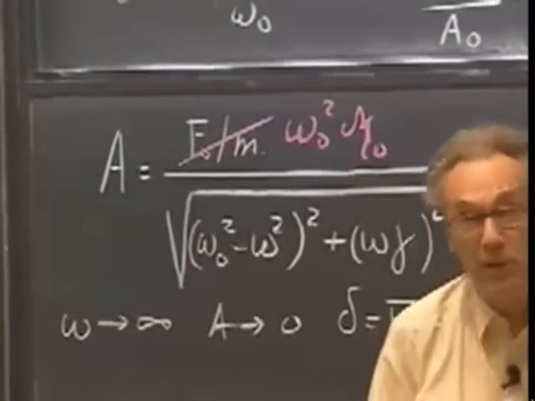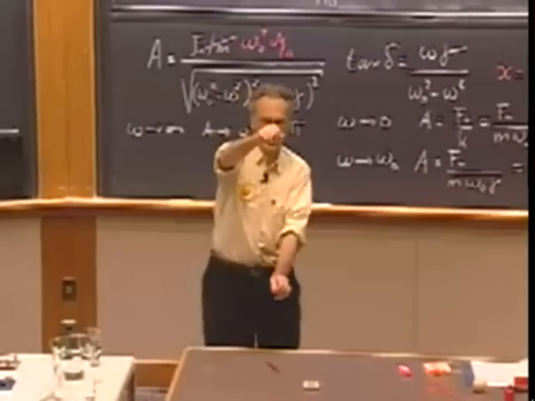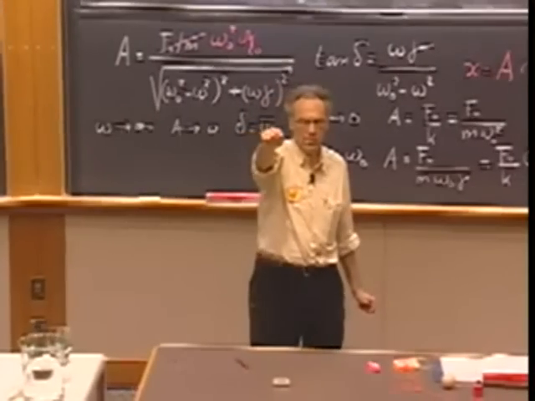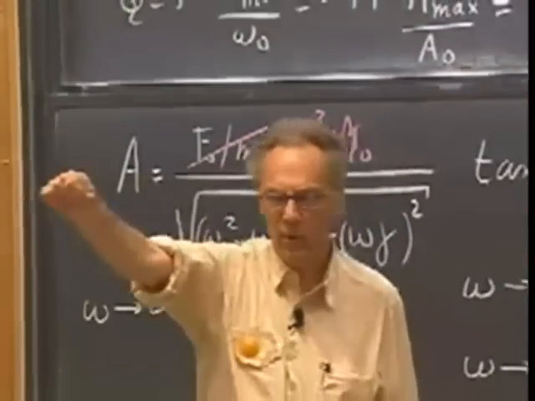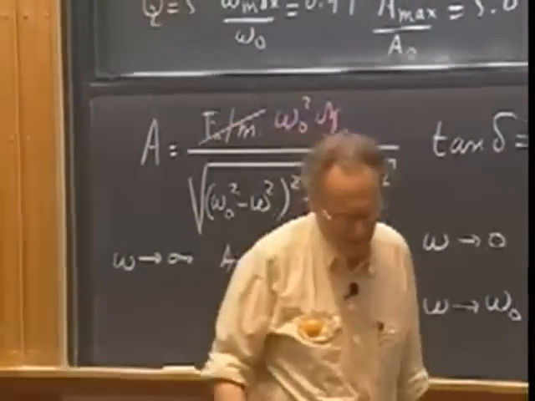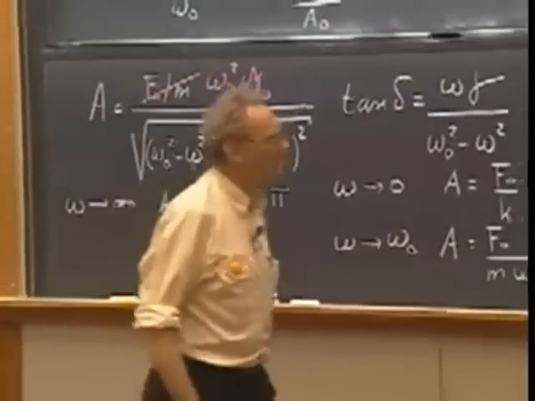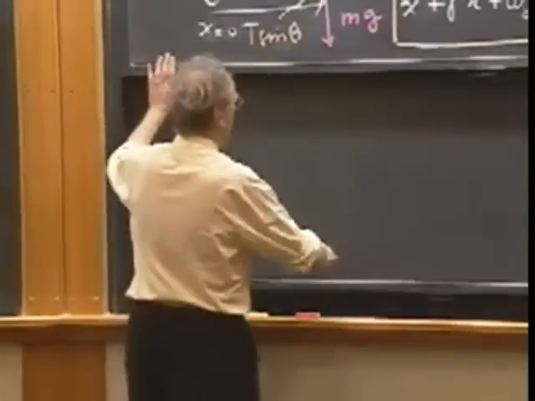So we're done. We can now make some predictions. The prediction is that if I'm going to shake this pendulum very slowly, taking 1 hour to go to the left and 1 hour to the right, and if my amplitude is eta 0, what do you think the amplitude A, the solution of my differential equation, will be?